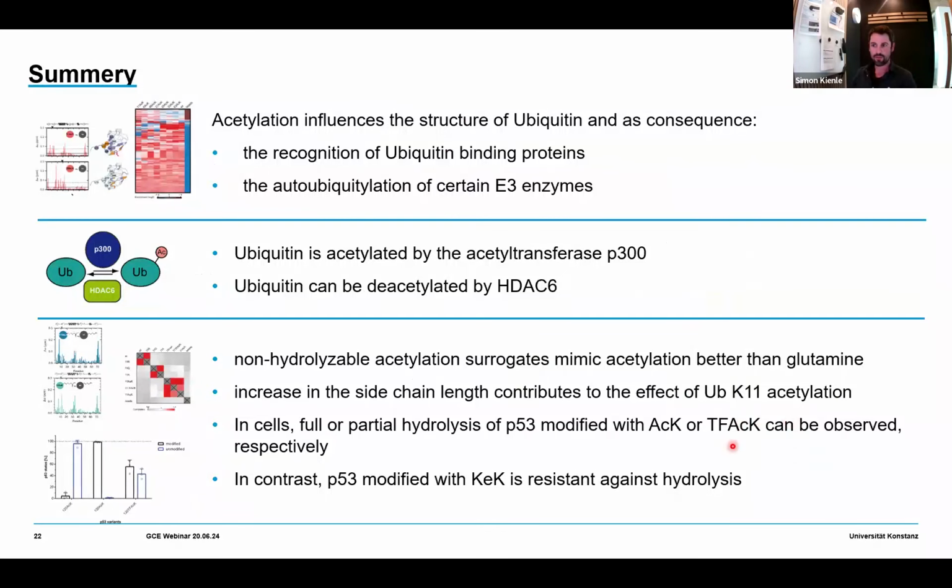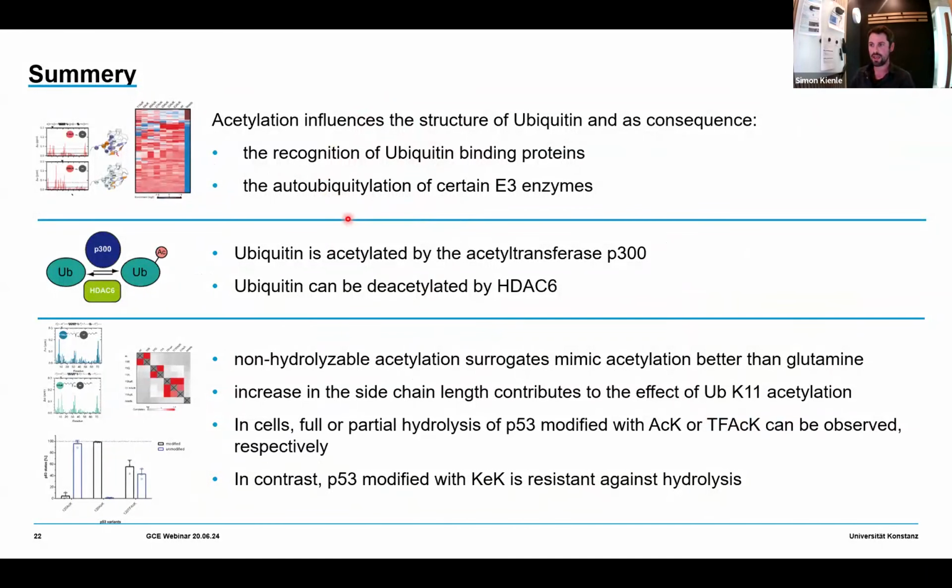So now to the final summary. I hope I could show you that acetylation of ubiquitin influences the structure of ubiquitin and thus regulates the binding of ubiquitin binding proteins and also influences the autoubiquitination of certain E3 enzymes.